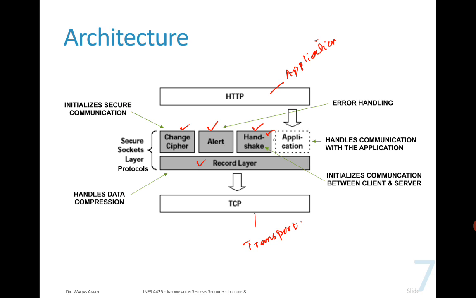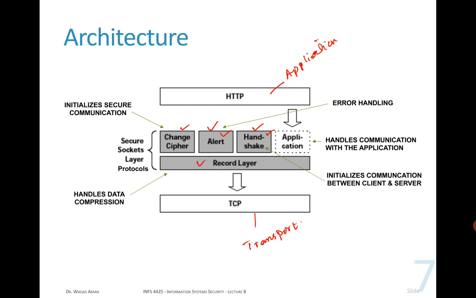During the communication, whether it is the handshake or later in the data transfer, if some errors occur, the error handling is performed by the alert protocol of SSL. So the alert protocol is responsible for handling all the errors related to SSL communication.